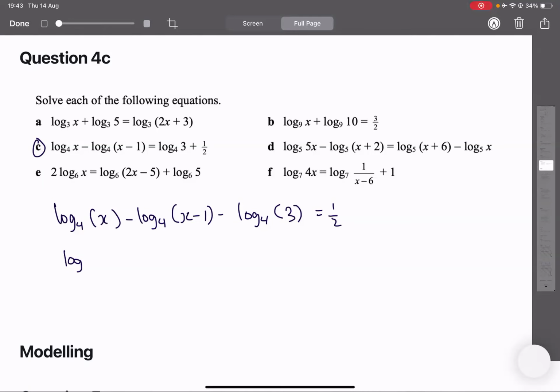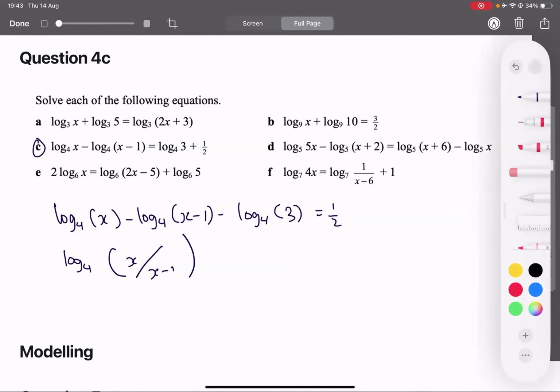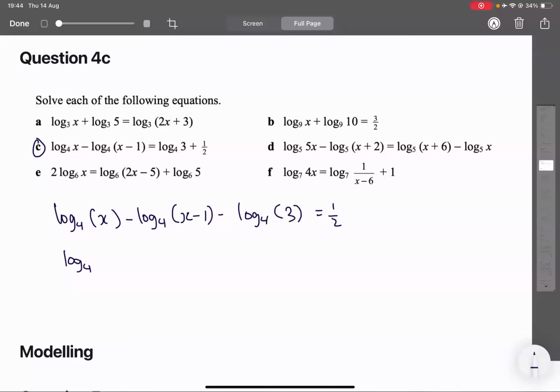Obviously, you'll have your x to start with, and you know that whenever you minus something, you're going to divide. So you're going to divide by x minus 1. But then the 3, what about the 3? Well, just think of it this way. Anything that's a plus, you can keep it at the top. Anything that's a minus, you can divide by it all in one go. So I can have x over 3x minus 1. Does that make sense? Yeah.